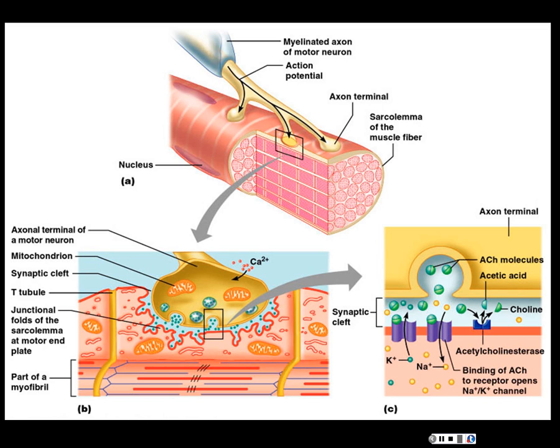At a motor end plate, a muscle cell will depolarize when acetylcholine is present. And what happens is the rest of the muscle cell has those familiar voltage-gated sodium and potassium channels. So once the motor end plate depolarizes, the muscle can generate a familiar thing called what? An action potential.